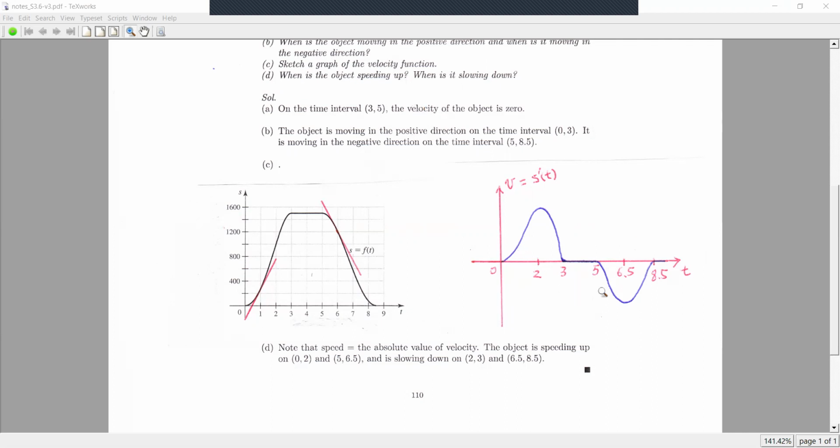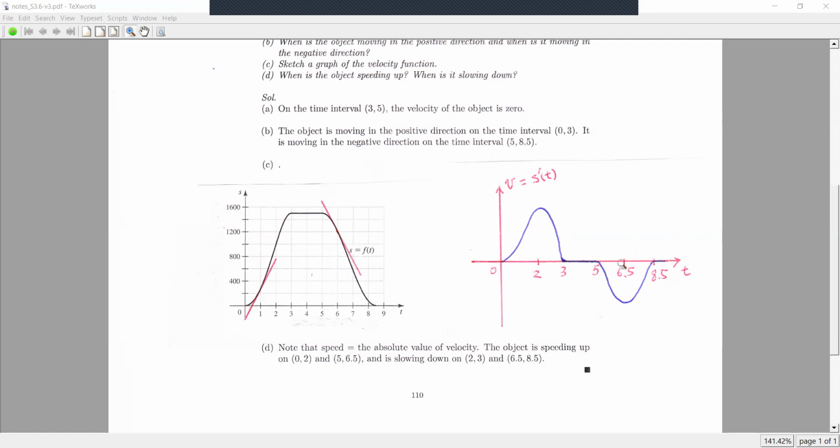From the graph of velocity, from 0 to 2, velocity is increasing and is positive. Therefore, from 0 to 2, speed is increasing. So on the time interval from 0 to 2, the object is speeding up and is moving in the positive direction.